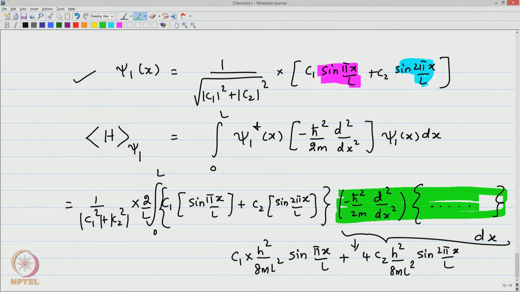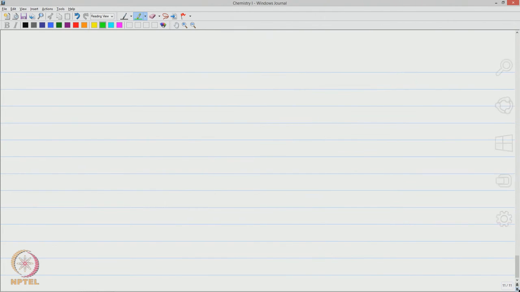Okay. So, it gives you an energy, the corresponding energy for the first wave function and the corresponding energy for the second wave function, 4 h square, and it gives you sin pi x by L and sin 2 pi x by L, and the square root of 2 by L is already here in the integral.